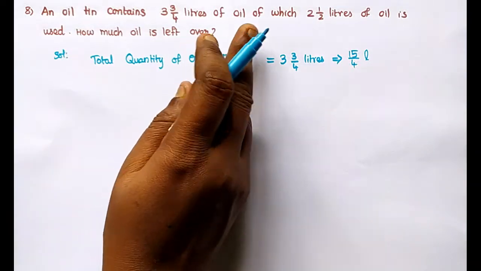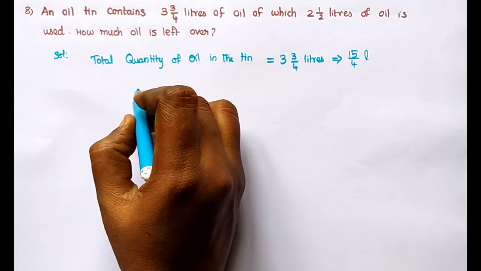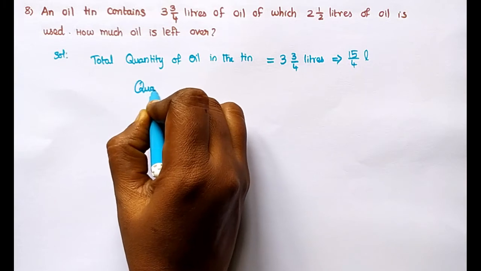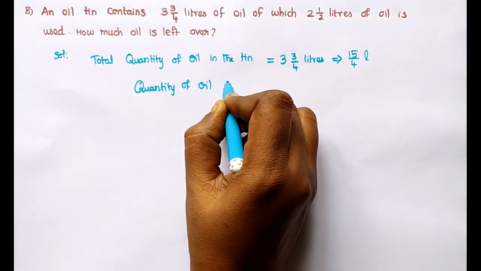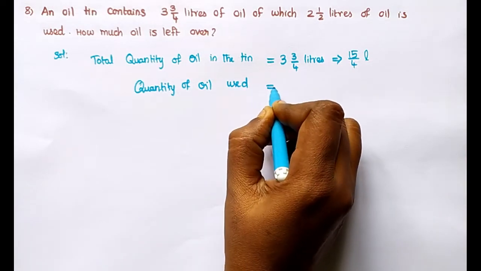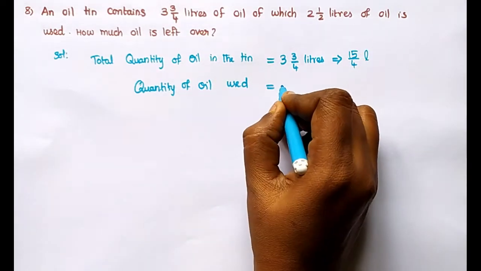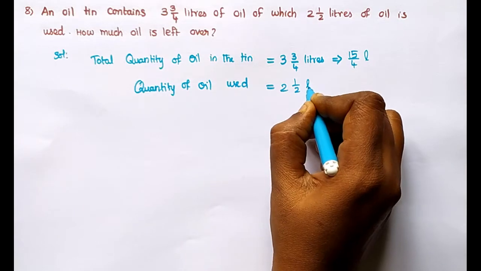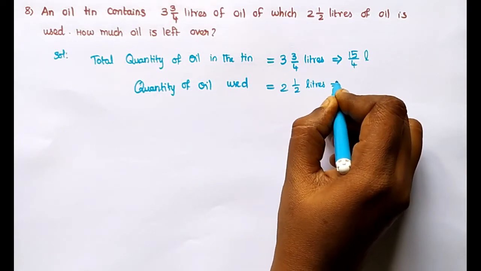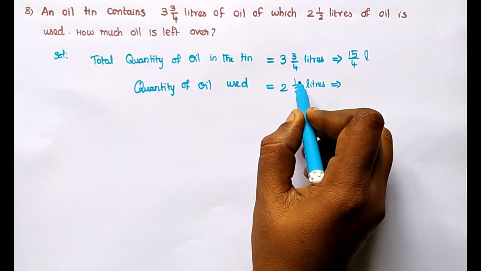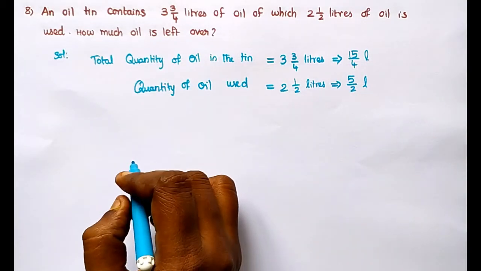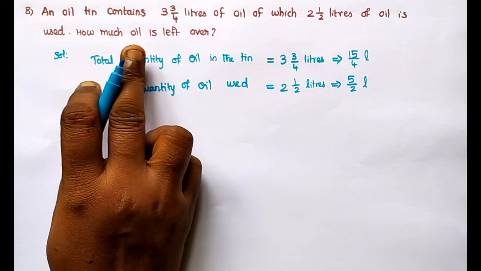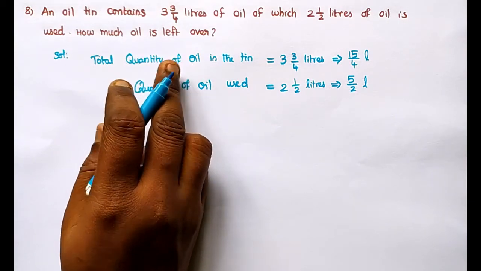Next, quantity of oil used. Quantity of oil used is equal to 1 by 2 liters. 2 2s are 4 plus 1, 5 by 2 liters. Now how much oil is left over?